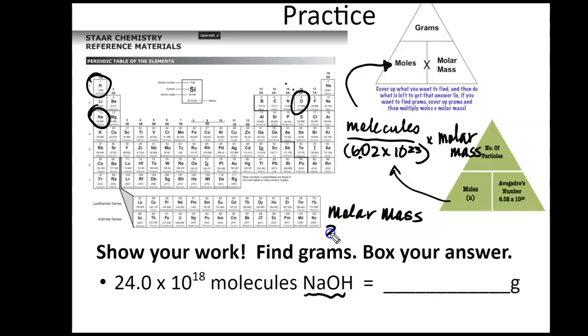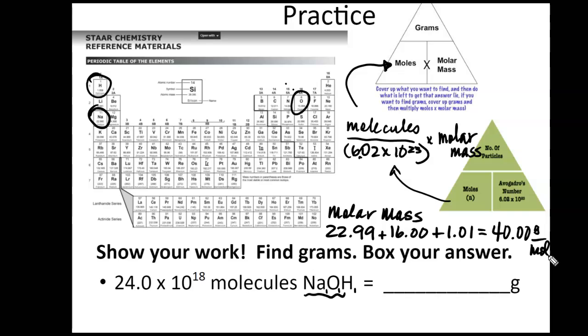The sodium comes out to 22.99, and the oxygen comes out to 16.00, and the hydrogen comes out to 1.01. And notice I didn't multiply those by anything because each of these all just have a subscript of 1. So when I add that all together, I'm going to get 40.00 grams per mole as my molar mass.